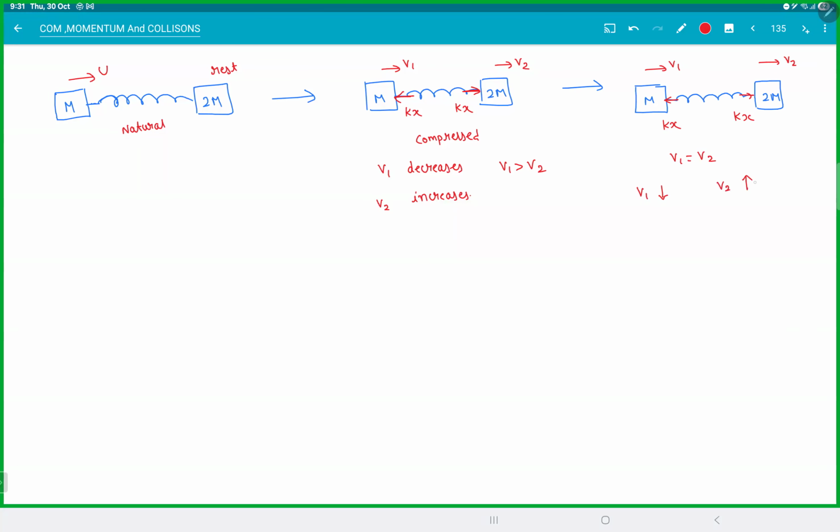So at this point, clearly observe. Next moment, what is going to happen? Next moment, 2M will go faster. That means the spring will start opening up. So at this position, we get maximum compression. This is an important thing. Whenever they ask you maximum compression, you should know both the blocks have the same velocity.